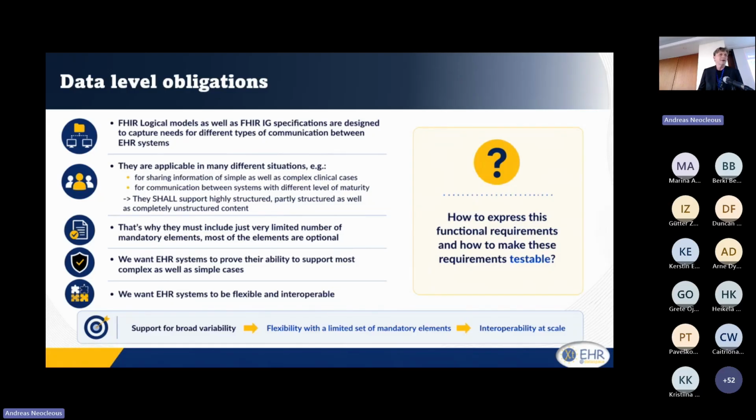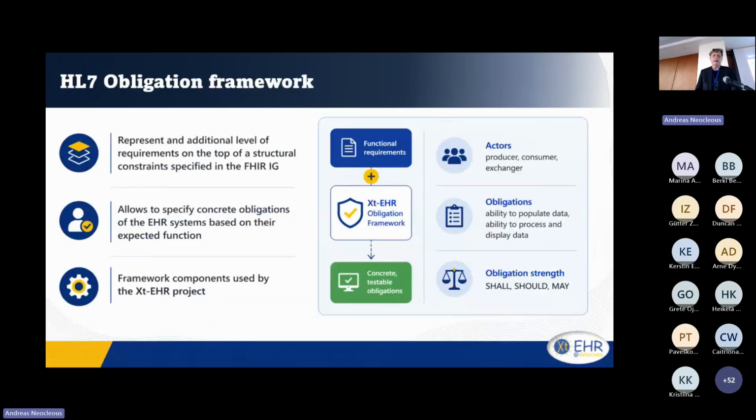The processing obligation is quite strange, because that just says process according to the specification, which means that we have to specify what we mean by processing. That's why we use that quite rarely, because that was additional work that we could not fully fulfill within that time framework that we had. So that's a little bit about the basis for the obligation framework.